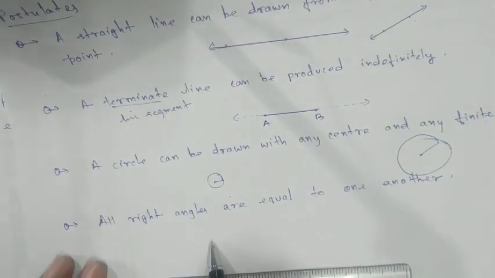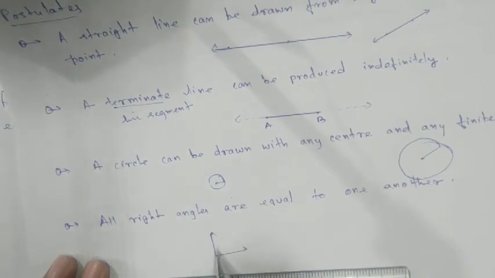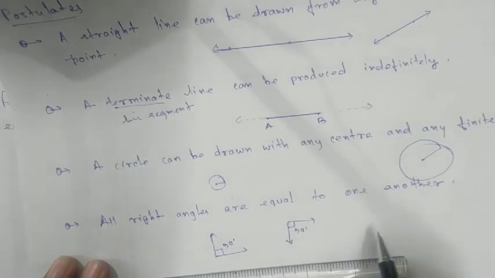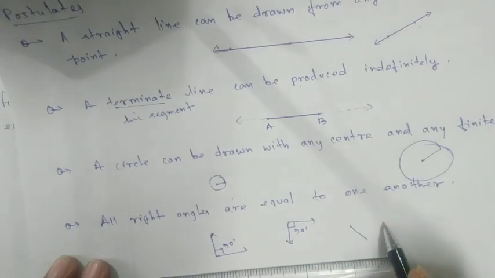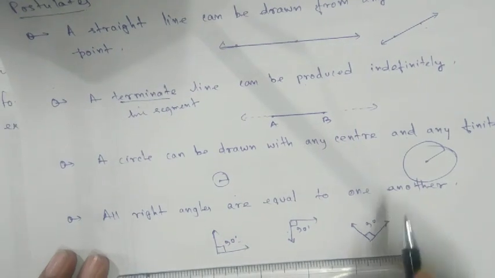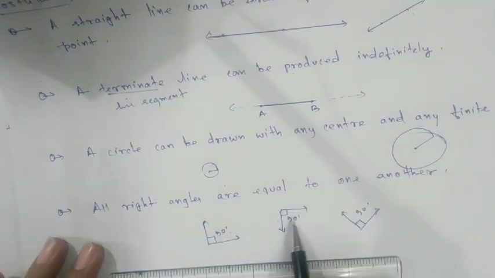Now the next one: all right angles are equal. That means this is a 90 degree angle, and if you take it in this direction, this is also 90 degree. Whatever 90 degree angle you get, all are equal. It's not limited to only 90 degree.